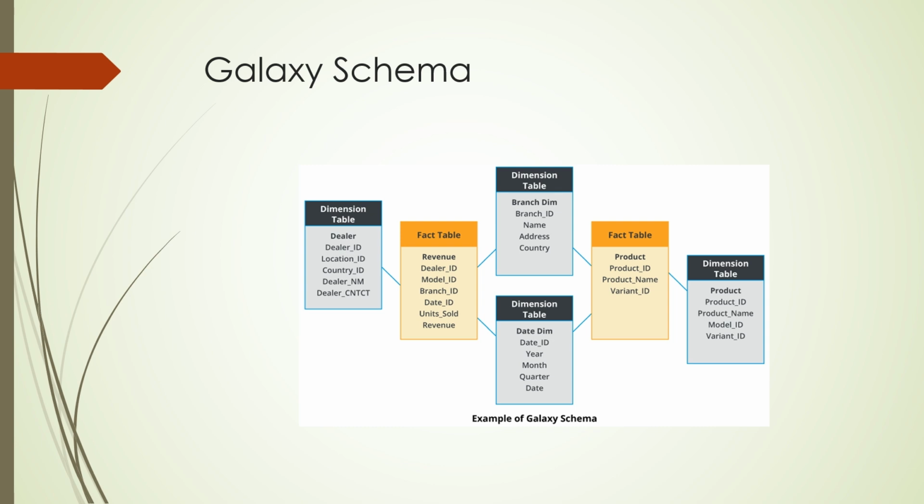So for the number of dimensions, in star there are multiple dimensional tables mapped to a single fact table. In snowflake, multiple dimensional tables to multiple dimension tables. In galaxy schema, again, multiple dimensional tables are mapped to multiple fact tables. Then data redundancy in star is very high, in snowflake and galaxy it is low.